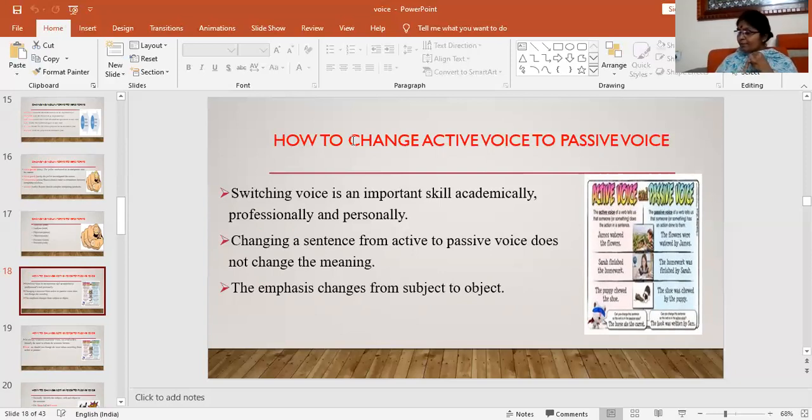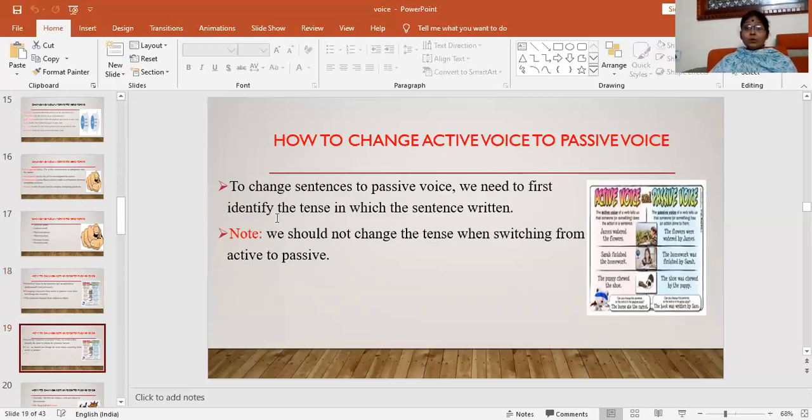So first point, remember the meaning will not change. Second point, remember only there is a change in the emphasis, that is subject to object. Is it clear? Then to change a sentence to passive voice, we need to identify in which tense the sentence is. Remember, we should not change the tense also.